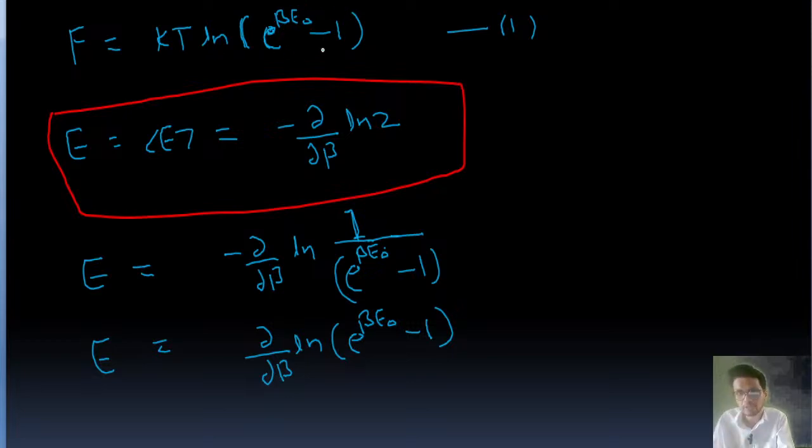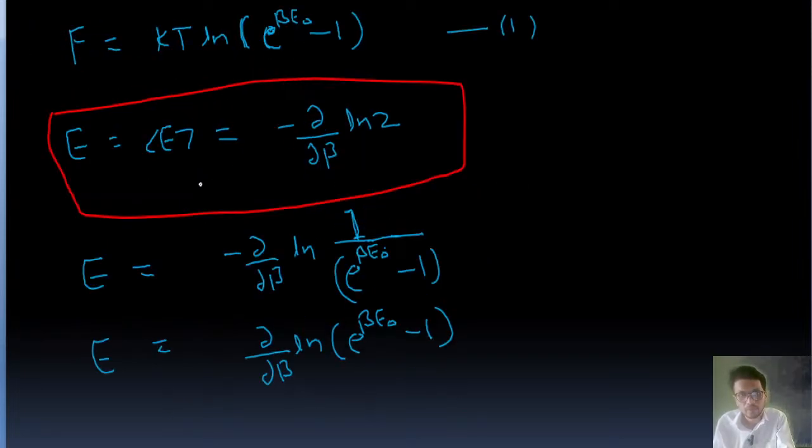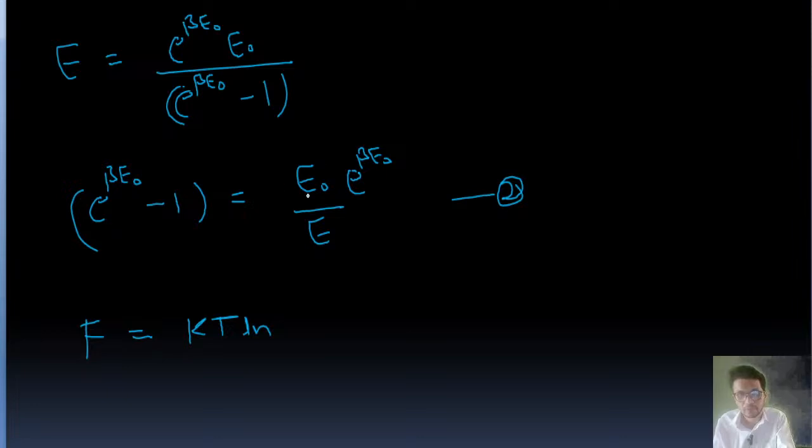In place of e to the power beta e naught minus 1, we can write e naught upon E. So F, the Helmholtz free energy, is going to be kT ln of e naught upon E times e to the power beta e naught.